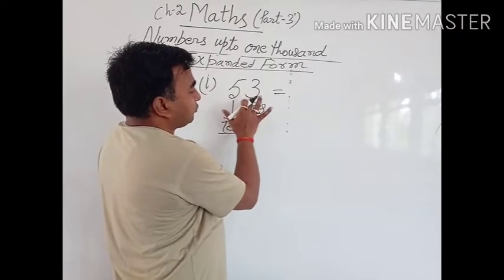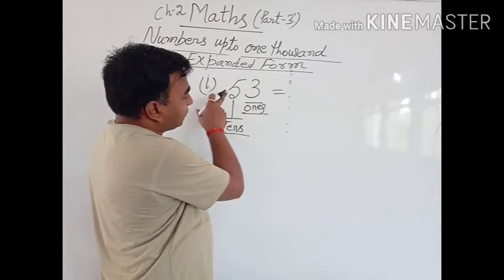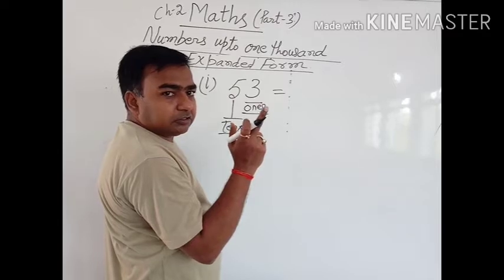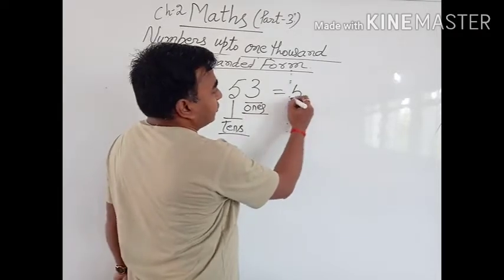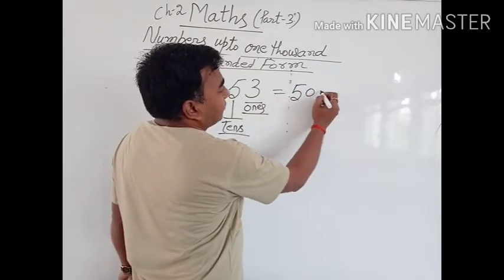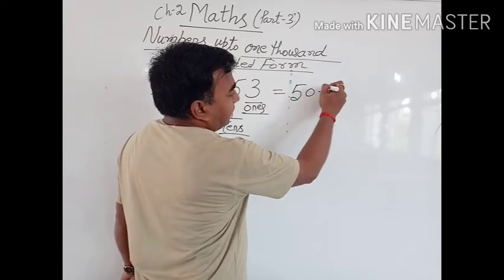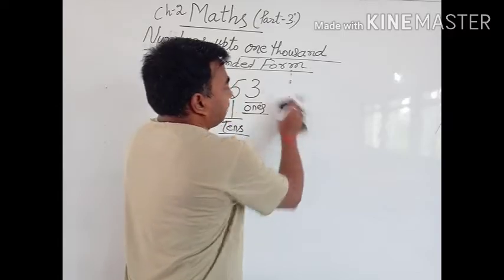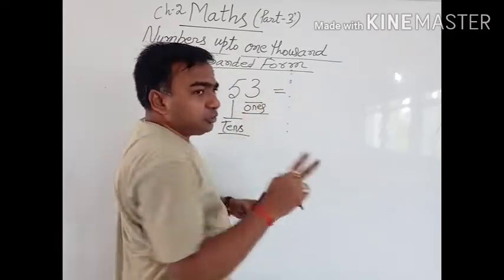So 53, what is the place value of this 5 tens? Tens means multiply by 10. So we can write in expanded form 50 plus, okay, we can write this expanded form in two different ways.